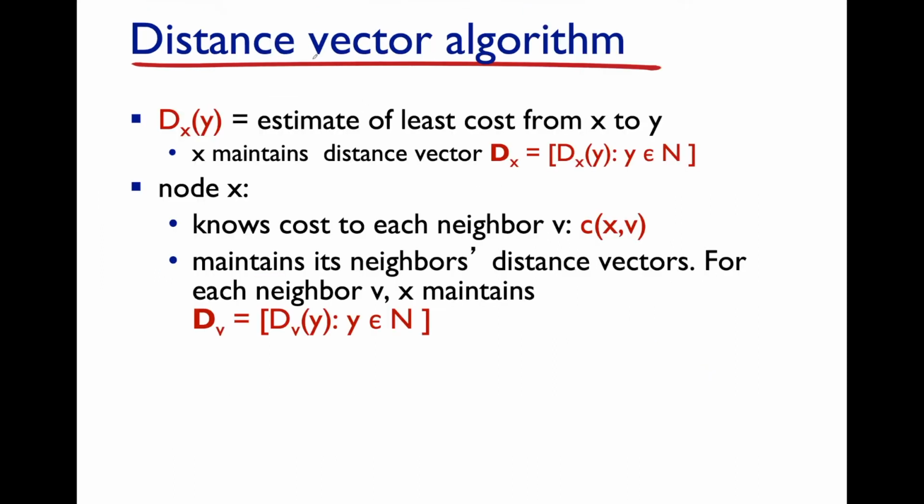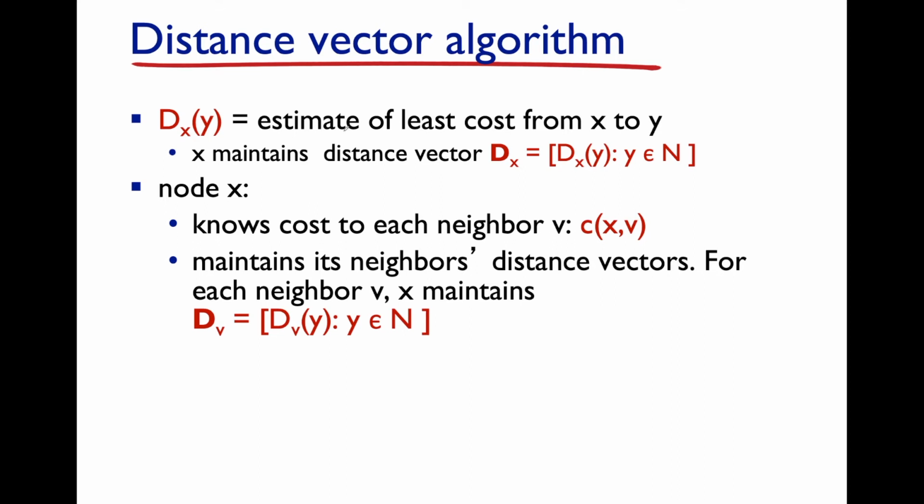Now, these estimates are called distance vectors, hence the name distance vector routing protocol or algorithm, and this consists of values D sub X of Y. Now, D sub X of Y is the estimate of the least cost path to get from X to Y.